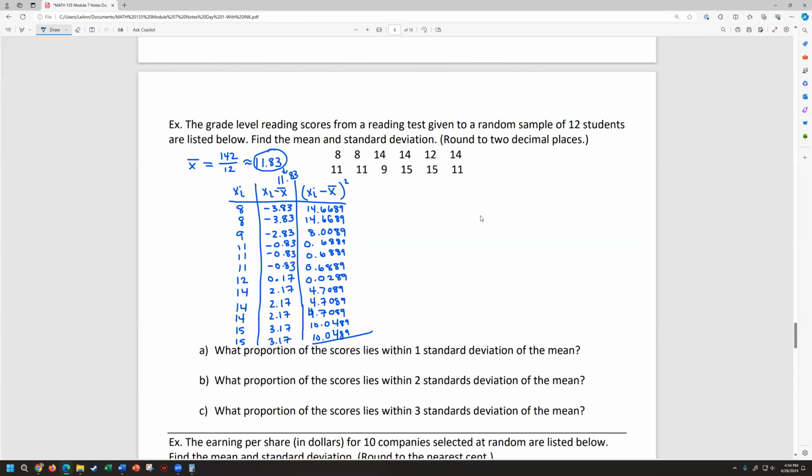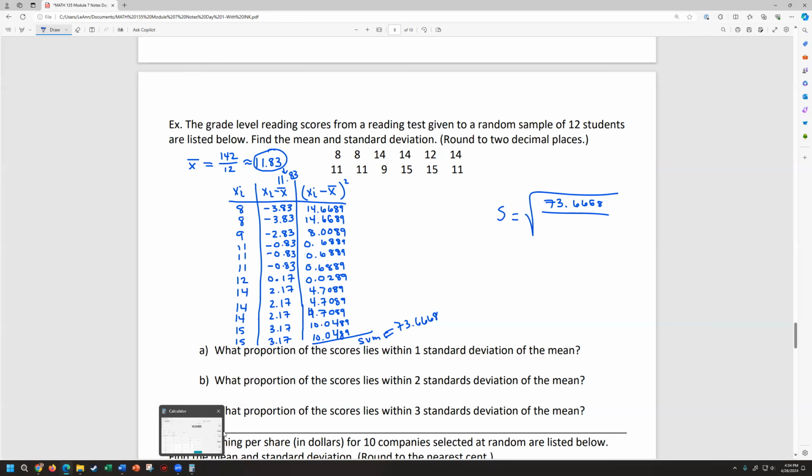Okay, so remember, this sum right here is going to go in the numerator of our standard deviation fraction. Now, I did this off camera because it's a lot of decimals to type in. When I added all of those together, I got 73.6668. That's my numerator. That was adding that whole column together.